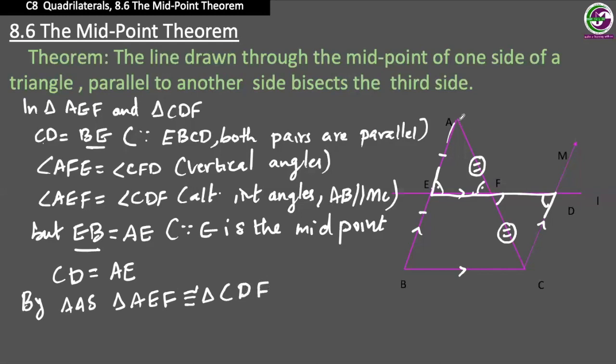What was our target? To show that AF is equal to CF. Therefore, AF is equal to CF because corresponding parts of congruent triangles. That means F is the midpoint.